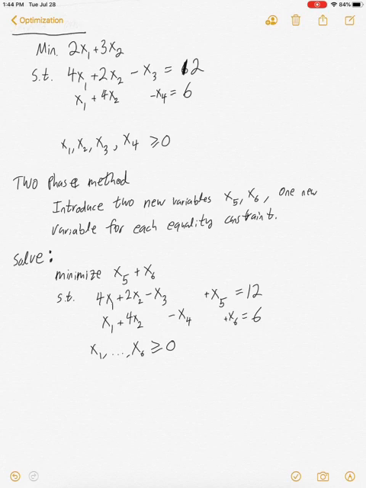So if we minimize x5 plus x6, and it's possible for them to both be 0, then they've both got to be 0, because that's the only way to attain the minimum of 0. x5 plus x6 is at least 0, and the only way it can be 0 is if x5 and x6 are actually 0. And also, if there was a feasible solution to the initial problem, then it must be possible for x5 and x6 to both be 0.